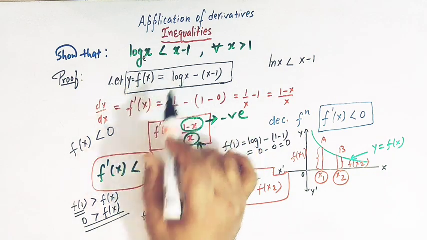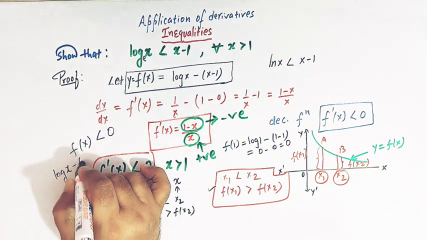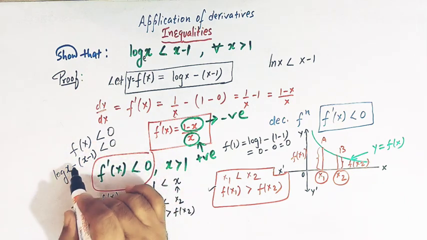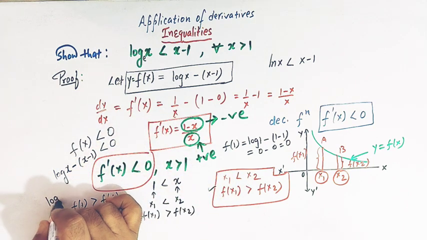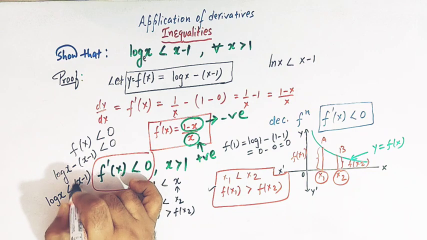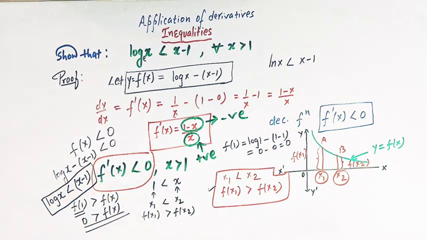And f of x is log of x minus x minus 1, less than 0, right? Now if we take this term to this side, we have log of x less than x minus 1, and this is our desired inequality, right?